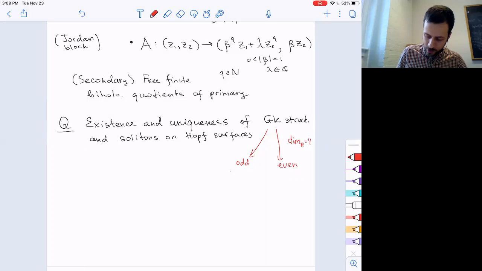So in the odd case, I and J commute. This is a feature of dimension 4. And in the even case, in the case of Hopf surfaces, it's equivalent to being log non-degenerate.